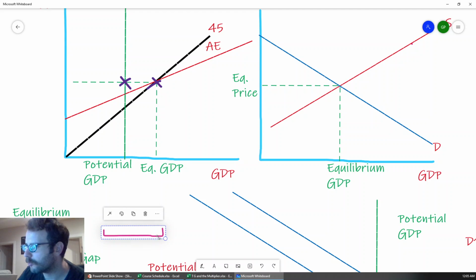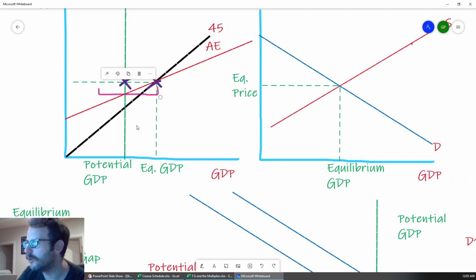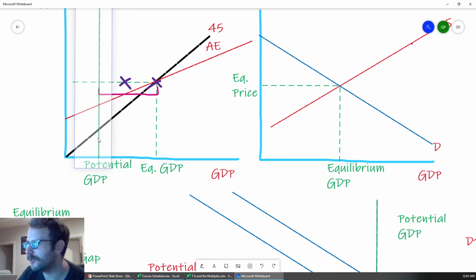I want to make this smaller. Instead of making it smaller, I don't really have an option, so I'm just going to shift this over.